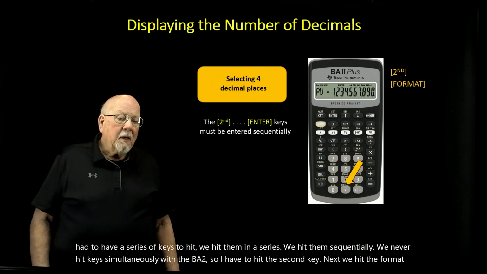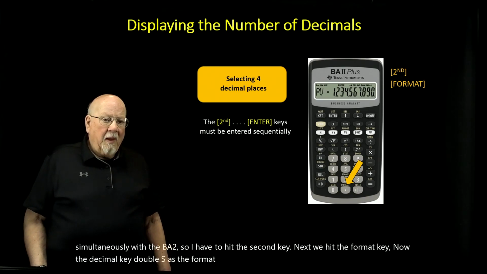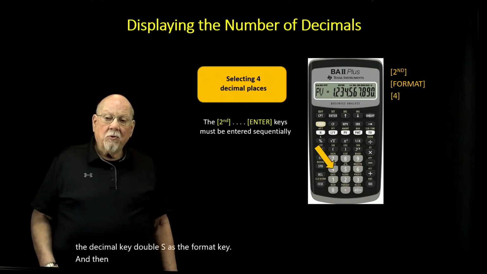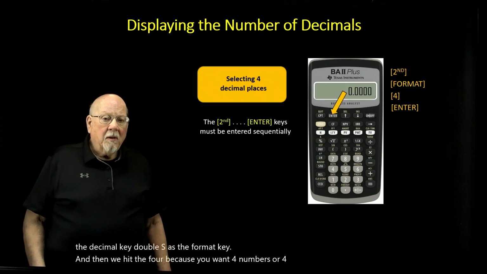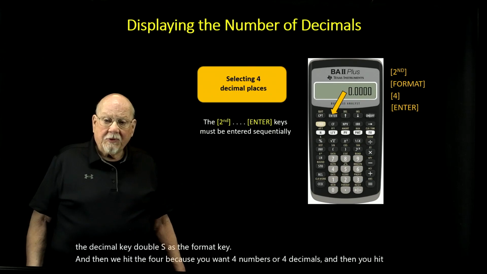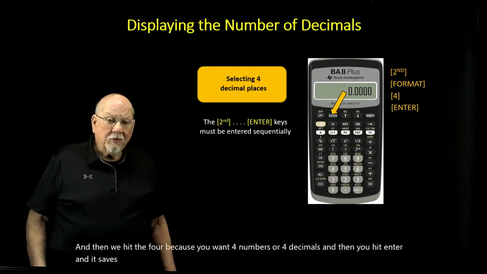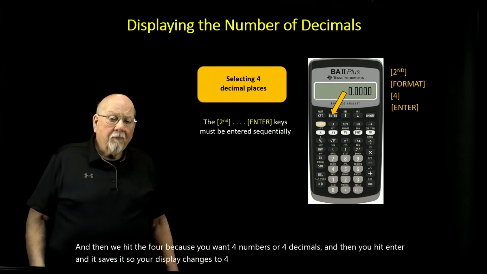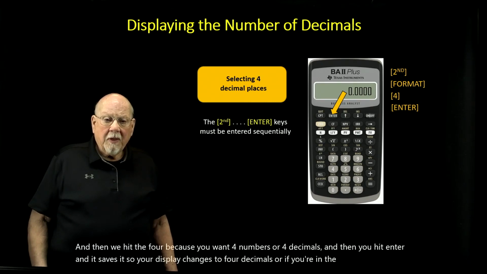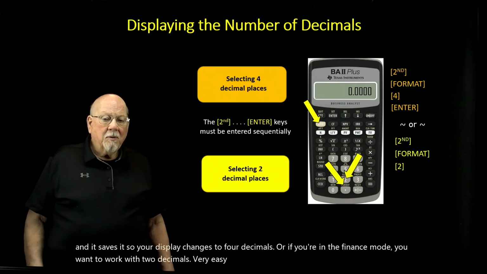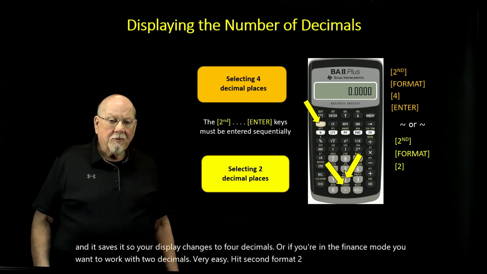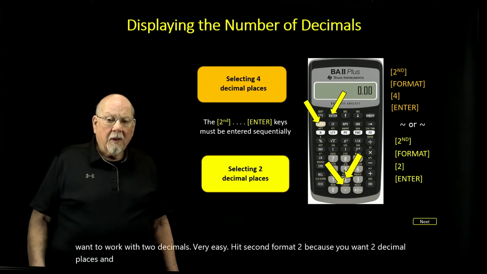The decimal key doubles as the format key. Then we hit the 4 because we want 4 decimals. And then you hit enter, and it saves it. So your display changes to 4 decimals. Or if you're in the finance mode, you want to work with 2 decimals, very easy. Hit second, format, 2 because you want 2 decimal places, and then enter and you're done.